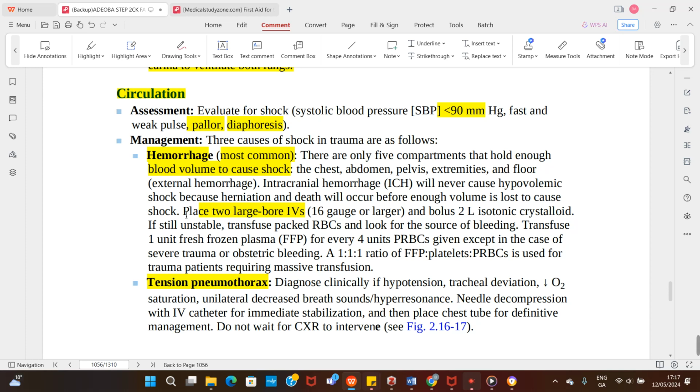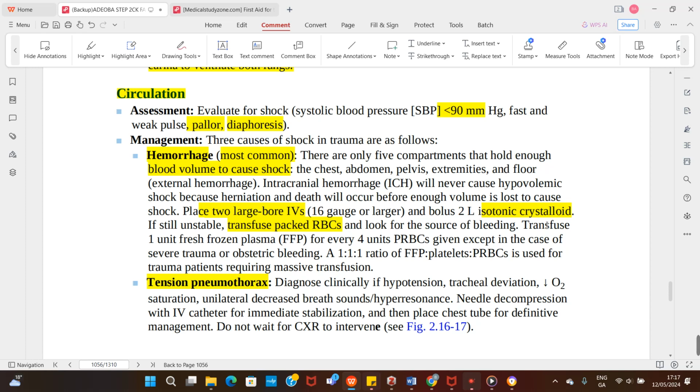And if the patient is still unstable, you need to transfuse packed red blood cells. After you have given 2 liters of your isotonic fluid and the patient is still unstable, you need to give packed red blood cells. Very, very important. So you don't continue giving isotonic crystalloid, so that you don't tilt towards hyperchloremic metabolic acidosis.